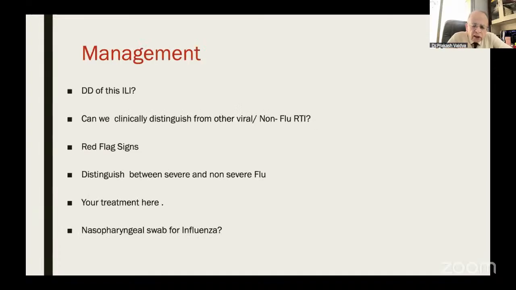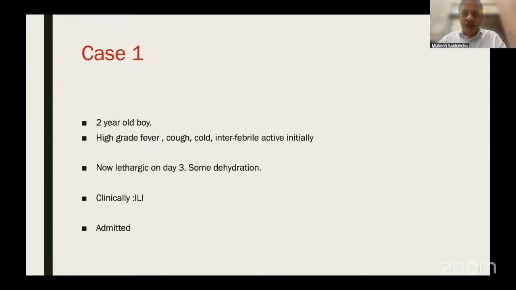So Dr. Mukesh, what is the differential diagnosis of this so-called ILI? Firstly, this child is pretty unwell and requires hospitalization. Now, this could be a viral infection, could be a bacterial infection. Can you go back to the first slide, Prakash? So here you have fever, cough, cold, all of which tells us this is probably a viral infection.